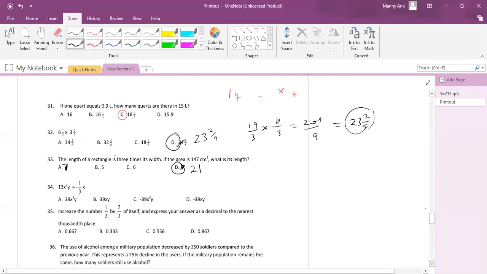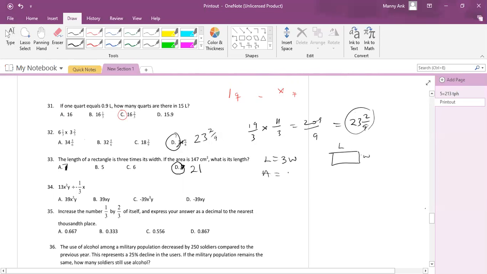Okay. The length of the rectangle is 3 times the width. So L is equal to 3W. Okay, let's think about the rectangle, width and length like that. Now what's the area? Area of a rectangle is the length times the width.